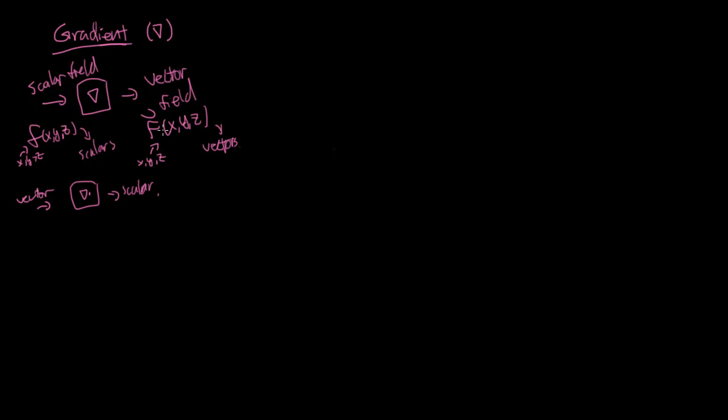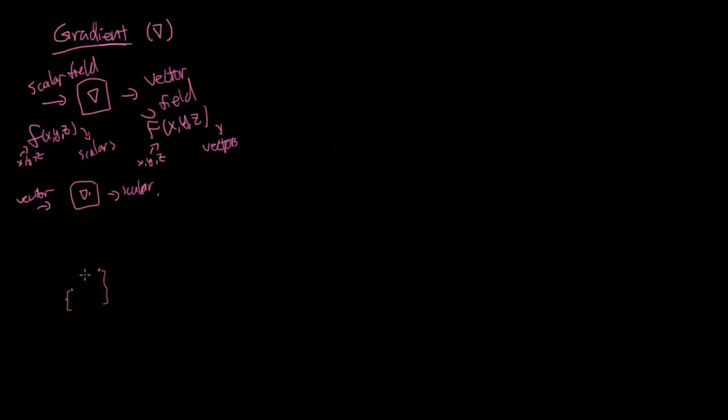So let's first of all talk about what this gradient does. It does basically what it sounds like. If you have a scalar field, I think that altitude makes a lot of intuitive sense here. If I give you a location, it gives me an altitude.